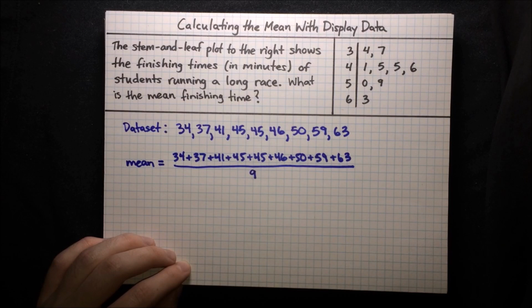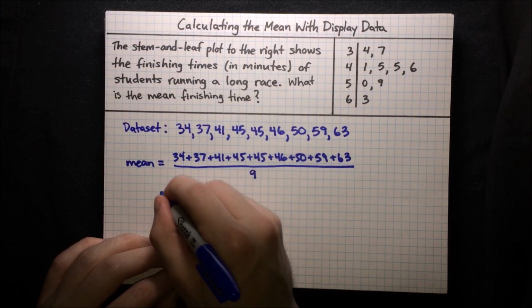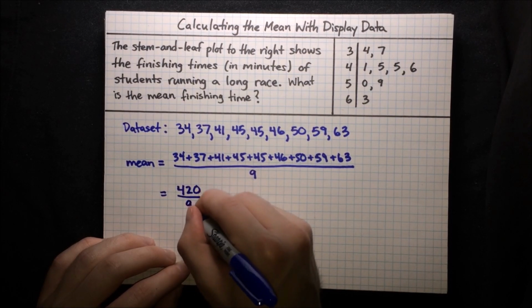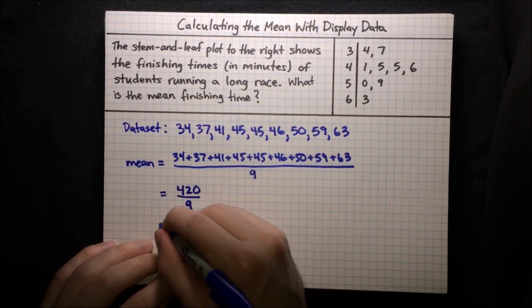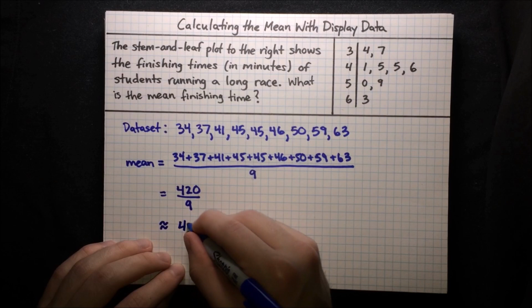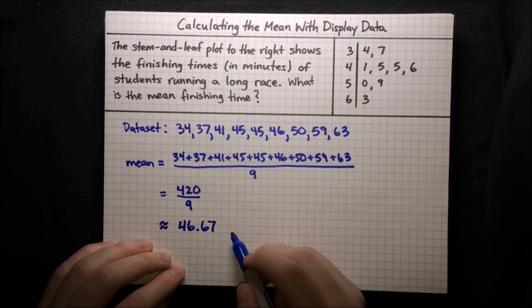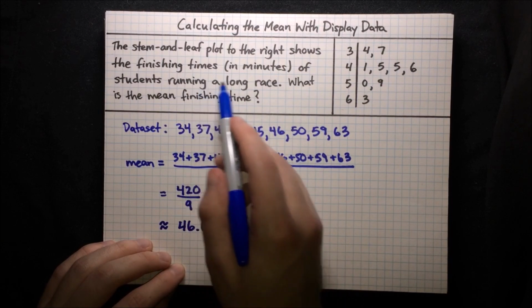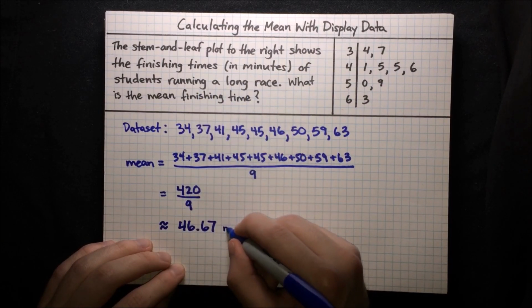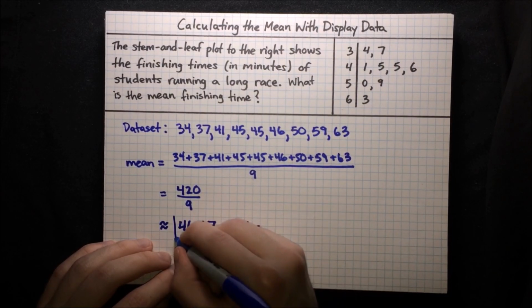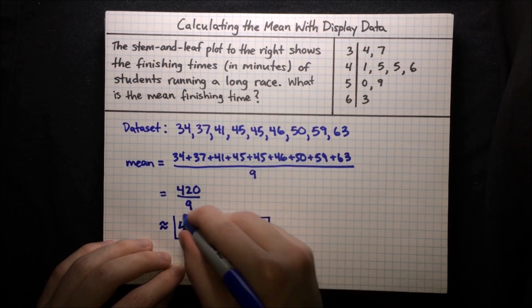Alright, so we punch this into our calculator. For the numerator, we get 420, and 420 divided by 9 is about 46.67. And what are the units here? In the question, we're told that the finishing times are in minutes, so units are minutes. So there we go. There is the mean finishing time.